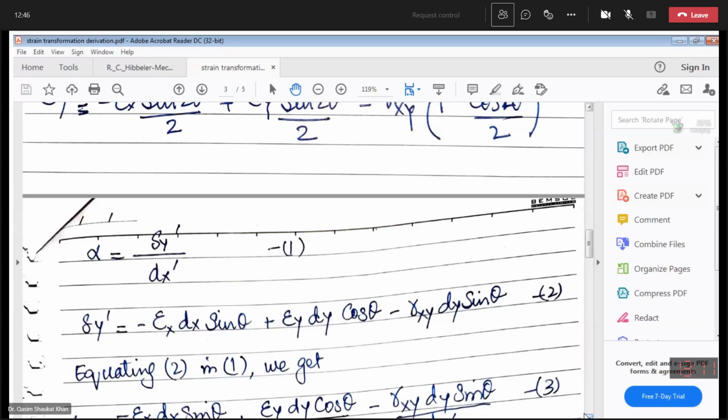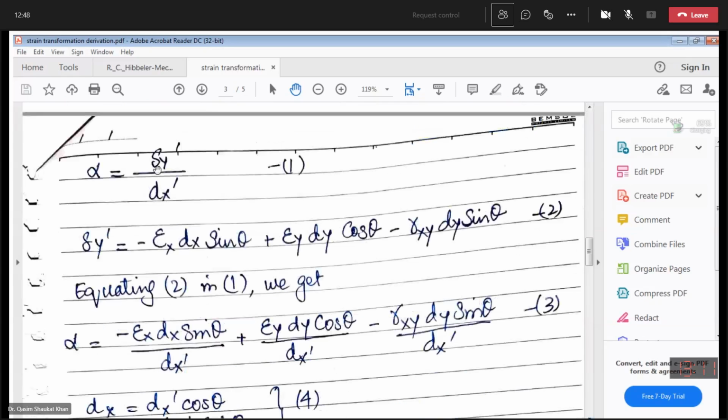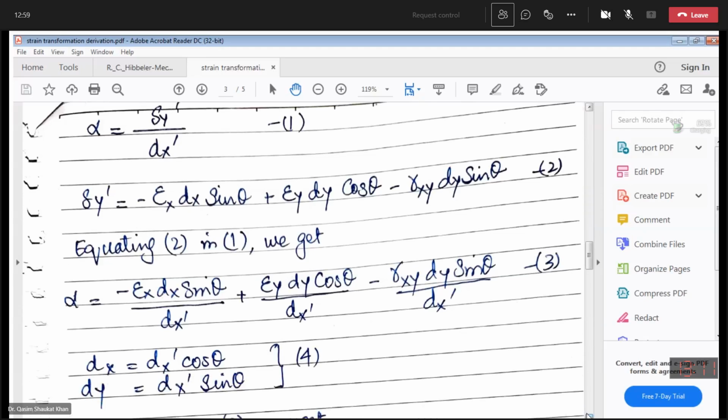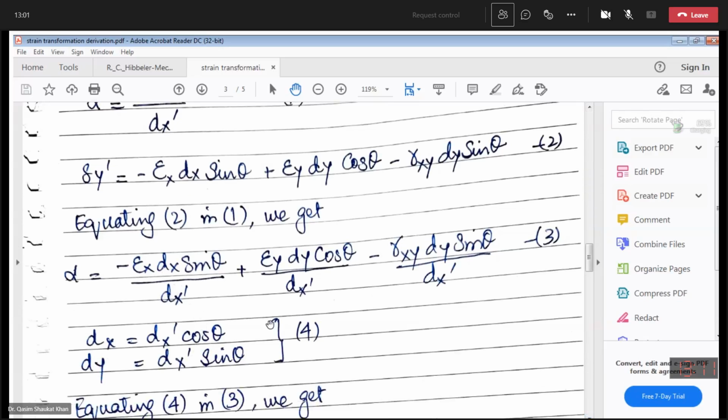So you have equated delta y dash in this equation, and then again you have dx dash in the denominator. So you will put dx, dy and dy in terms of dx dash so that you can eliminate this dx dash from the equation.